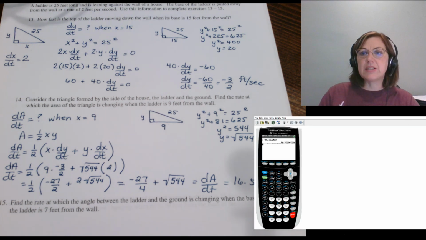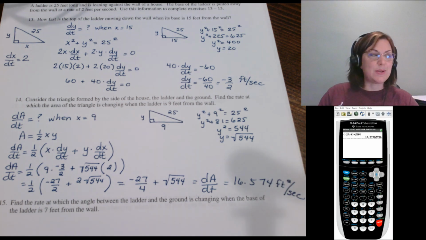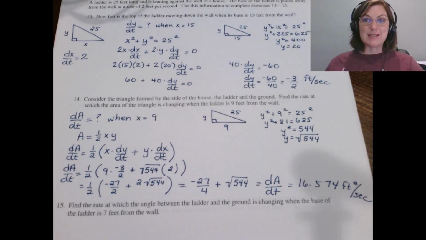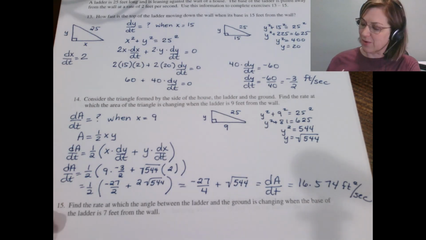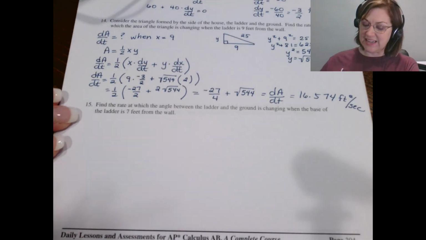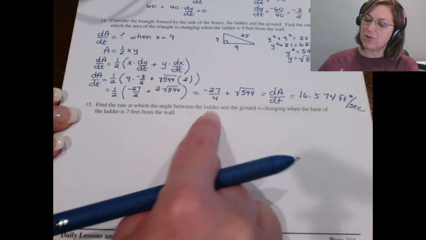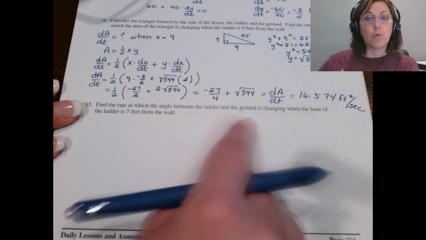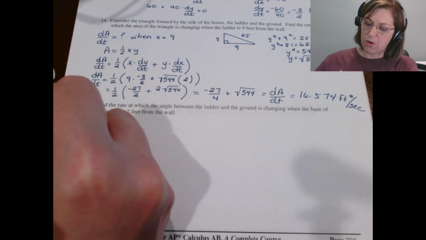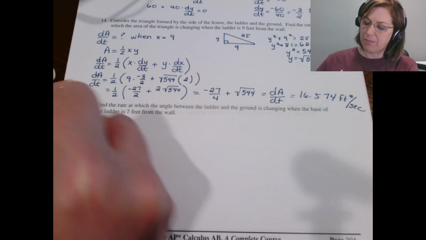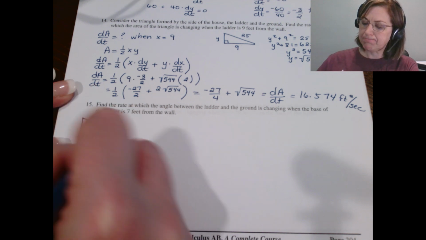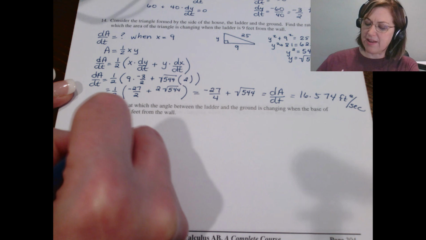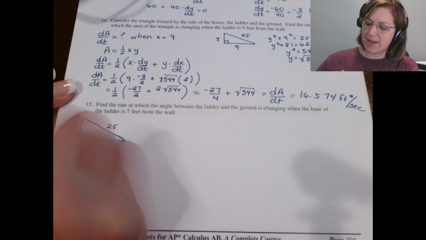Okay, let's switch formats back. If we need to come back to my calculator, we definitely can do that. Sorry, not part C, number 15 says, find the rate at which the angle between the ladder and the ground is changing when the base is 7 feet from the wall. So remember our diagram we had? We had 25, we had x and y.